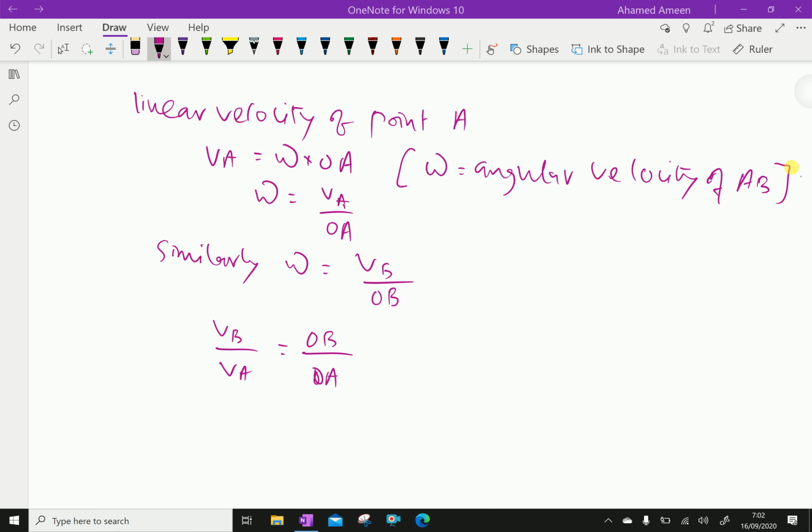The directions of VA and VB will be at right angles to OA and OB respectively, as shown in the figure. From this relation we can graphically measure OB and OA, and from that we can find the relation of the linear velocities VB and VA.